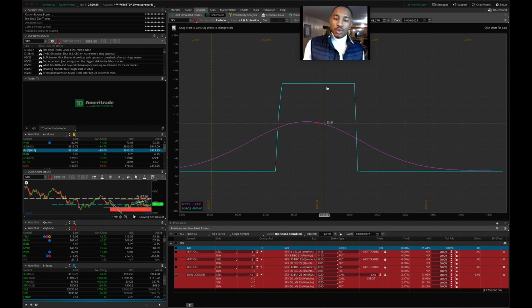And this blue line is the intrinsic value, and this purple line is the extrinsic value. Extrinsic value is the value right now. That's the current value of the spread, right? So we open the spread up, you see what happens. And up here, that's the real value, okay? That's the value that at expiration we're going to see.